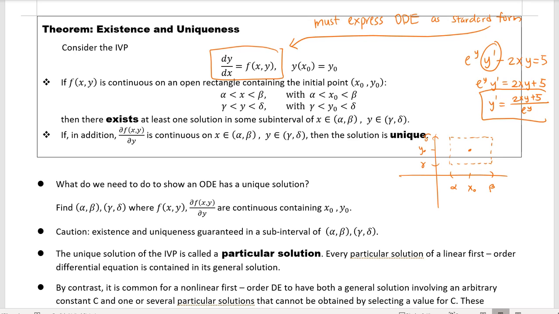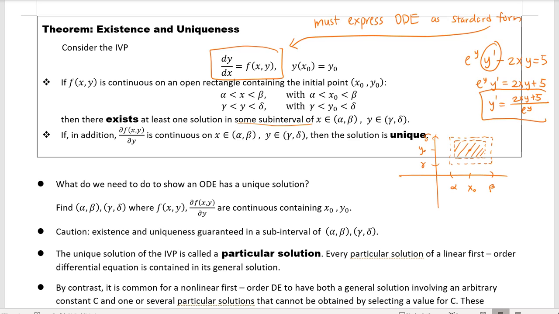Okay, if f is continuous on this open rectangle containing the initial point, then the theorem tells us that there exists at least one solution in some subinterval of x and y. So we know a solution exists in some subinterval.